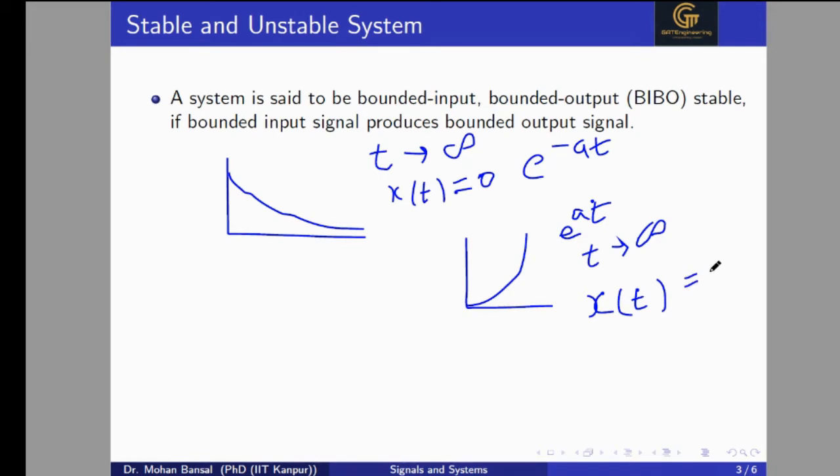Here we will get infinity. So if the signal has some finite amplitude throughout the time axis, that signal is called a bounded signal. If we have a bounded input signal and a bounded output signal is generated from the given system, the system will become stable. In other terms, if we see a ramp signal, r(t), as t tends to infinity, it will become infinite. So this is also an unbounded signal.